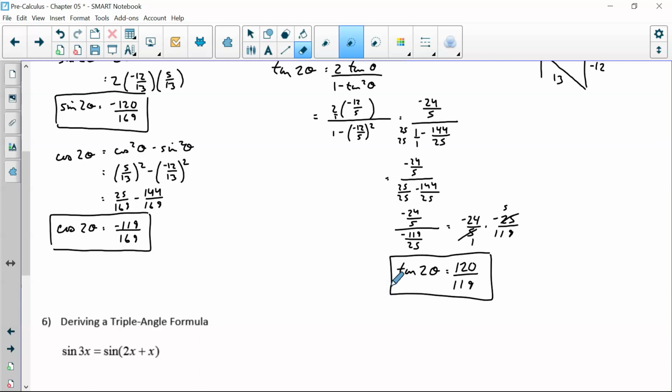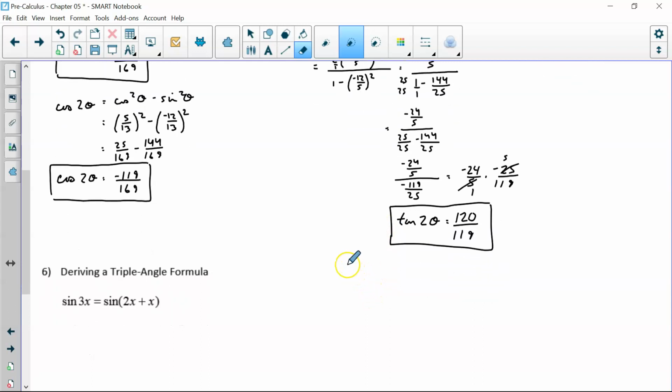Now for the last one, we're deriving the triple angle formula. The sine of 3x is the sine of 2x plus x. So now this is our u and our v. Using the sum and difference formulas we talked about before, remember, the sine of u plus v is the sine of u cosine v plus cosine u sine v.